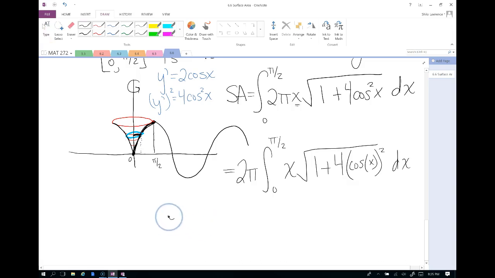And we're going to have to just type this in the calculator. For right now, I'm going to leave the 2 pi out. You also need to make sure that you are in radian mode. Your calculator must be in radian mode in order to do this.